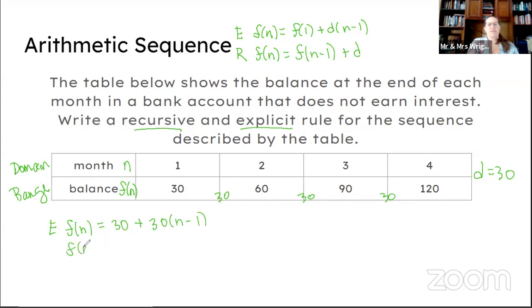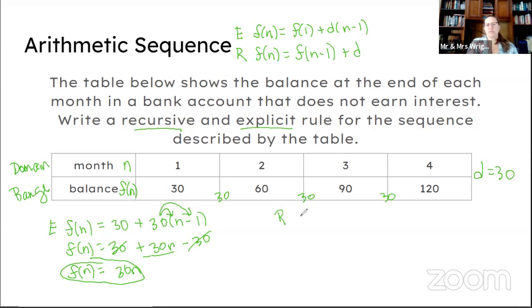So f of n is 30 plus, let's distribute, 30 times n is 30n. 30 times negative 1 is negative 30. Now let's combine like terms. We're going to start with 30n right here. We move that to the beginning. And then our common terms are the constants, a positive 30 and a negative 30. Well, those are going to cancel out. So our explicit formula is f of n is 30n.